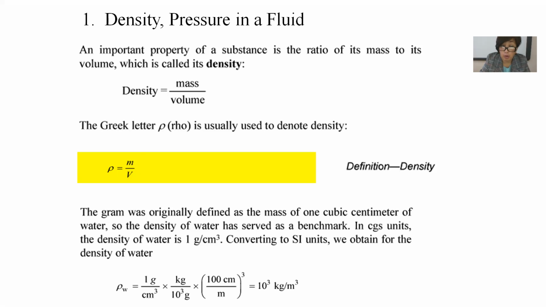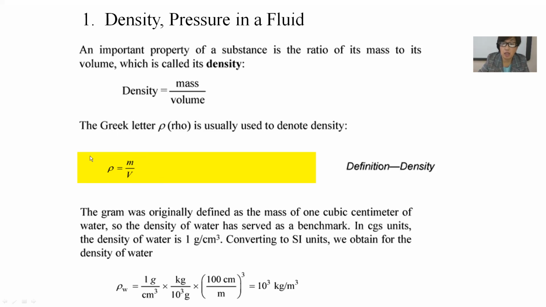We know density is an important property. What is density? Density is an important property of a substance: the ratio of its mass to its volume is called density. The formula of density: rho equals mass divided by volume.